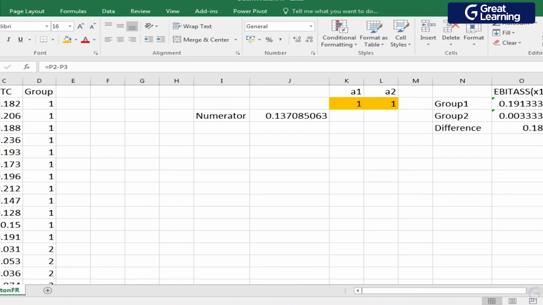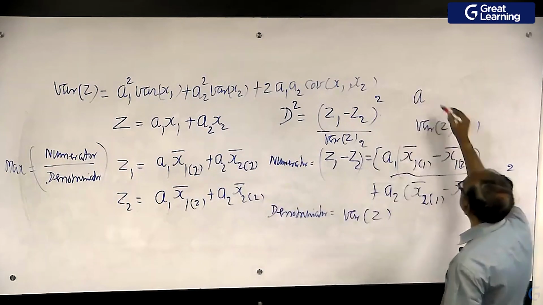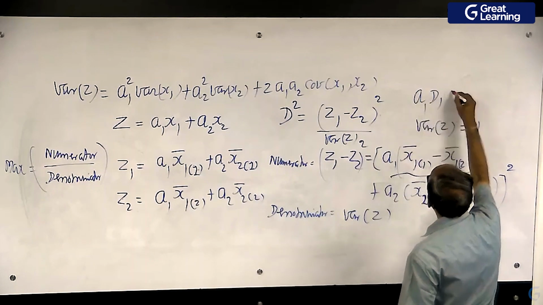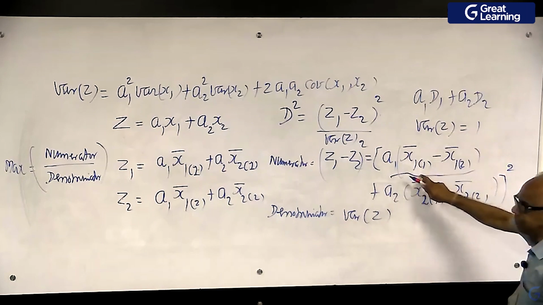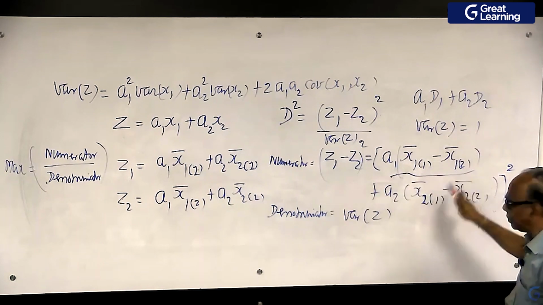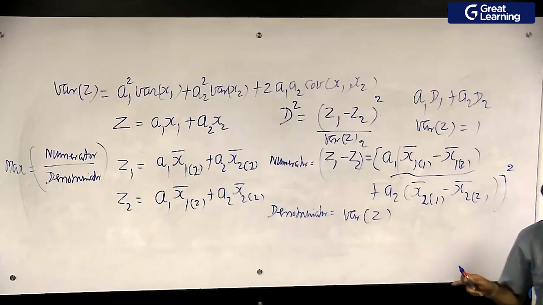A1 into the difference, this stands for the difference 1, plus A2 into difference 2. This is one difference in the group, and this is another difference. Everyone in the class, if you have a doubt, I will clarify now, it's very important.